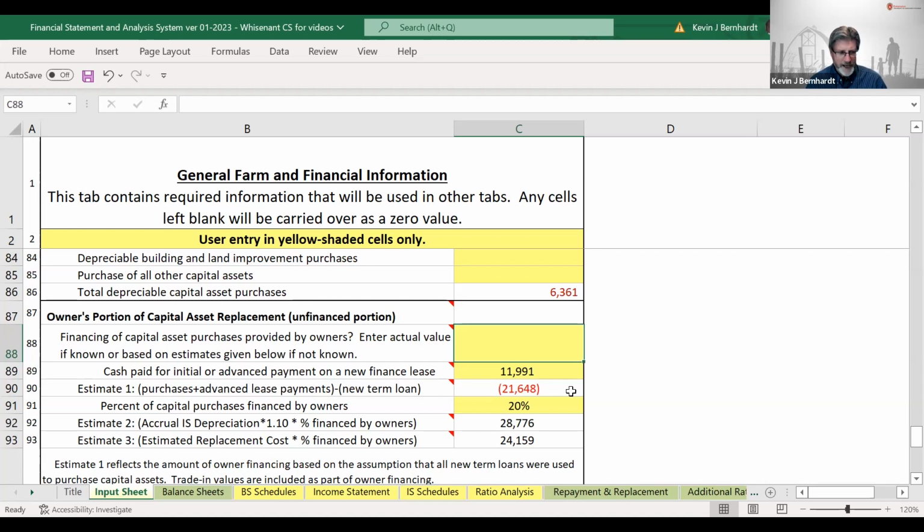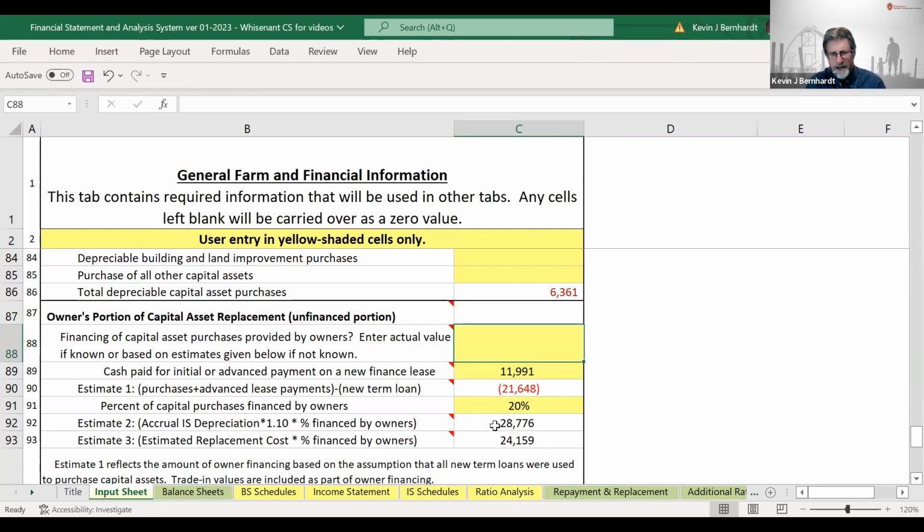So that gives a good estimate of how to complete row 88. In this case, it's negative. That means some of the new term loans were for something other than the purchase of capital assets. For example, it might have been to cover losses from last year or something of that nature. So sometimes that doesn't work. In this particular case, it doesn't. Sometimes it gives a good estimate.